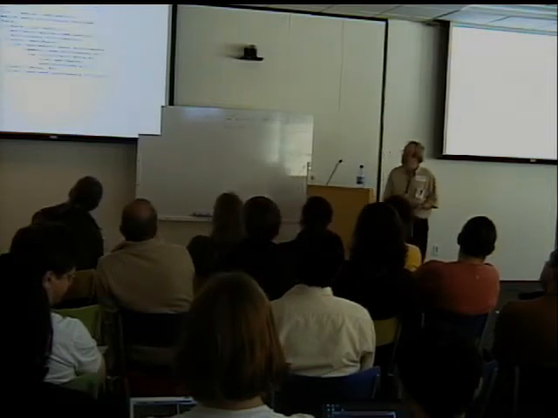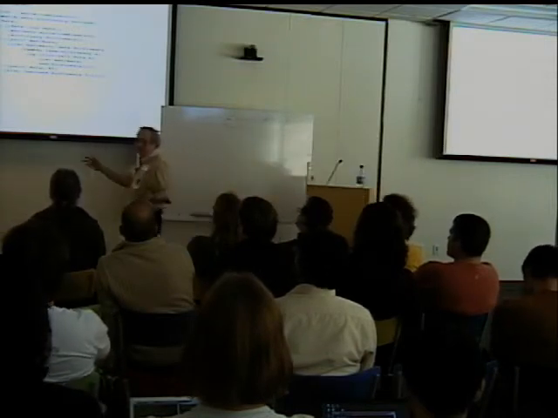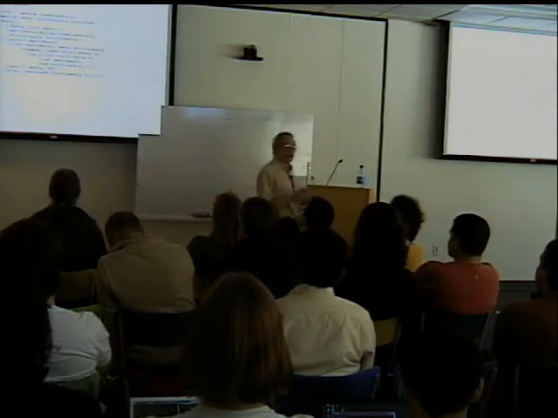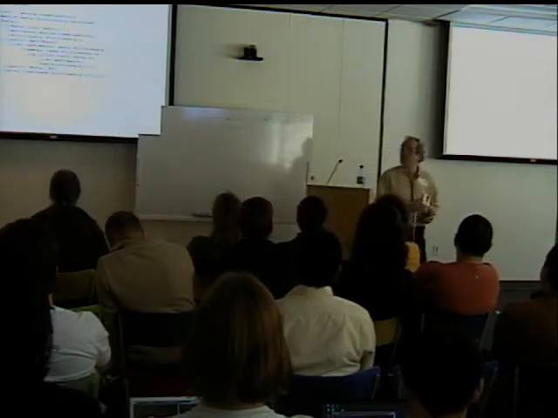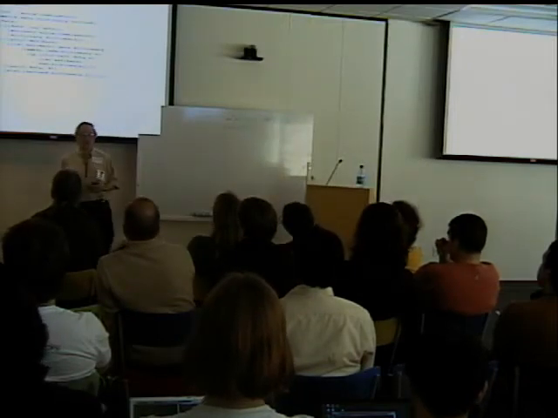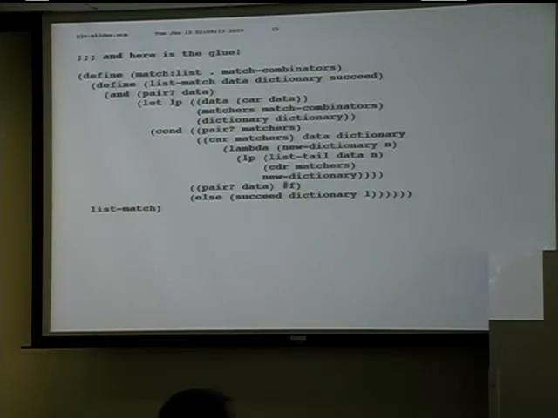So here's the real glue, because lists are the things that glue things together. So here's the thing that matches lists. What it does is take a bunch of match combinators for the elements of the list as its argument. It takes a list of such match combinators, and we'll see what this does.